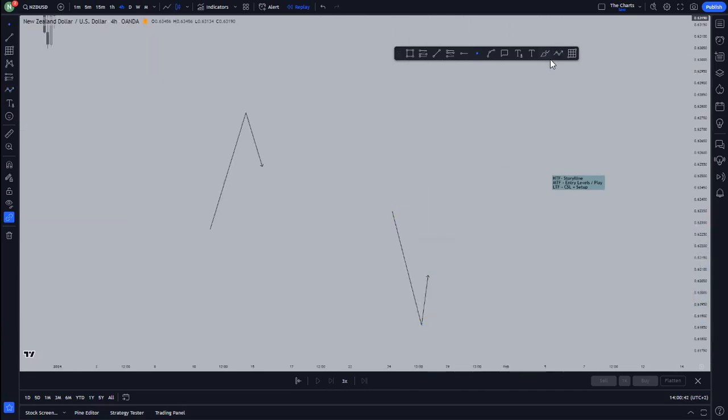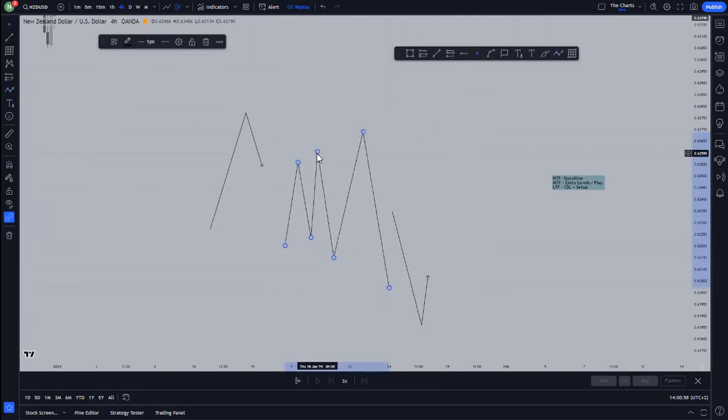Then look for something like this. So break of structure, something like this. You have an inducement, sweep of an inducement, then you take yourselves to the downside. So just look for something like this.